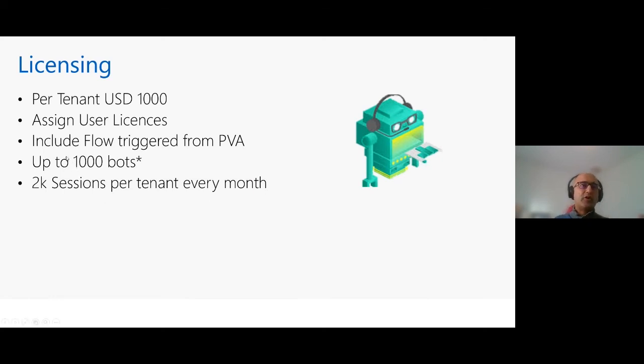This license also includes Power Automate or Flow, but the only condition is Flow should be triggered from Power Virtual Agents, and any number of users can create up to 1000 chatbots. The only limitation after that is that per tenant, all the chatbots can have a maximum of 2000 sessions of chat.